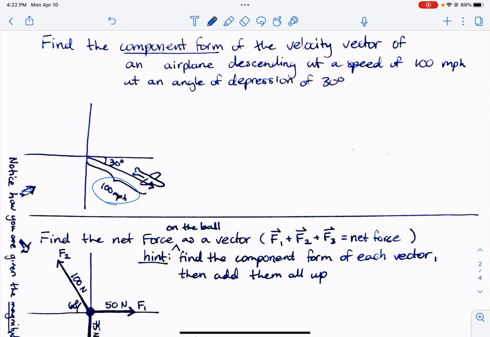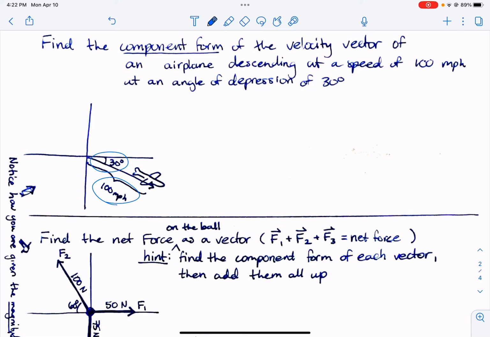The direction is given by this reference angle here. We have an angle of depression of 30 degrees. And I'll give you guys the picture on the test of what the situation looks like. And the question is, what are the components of this vector?